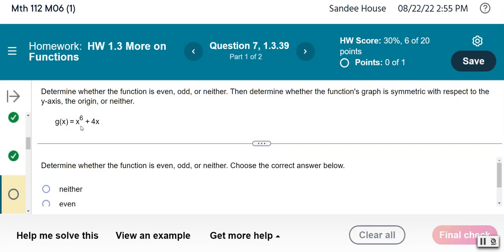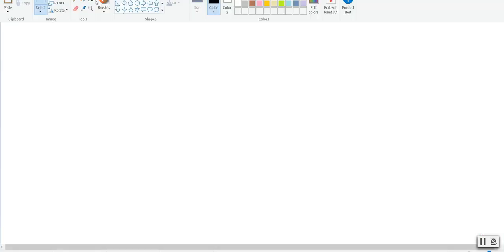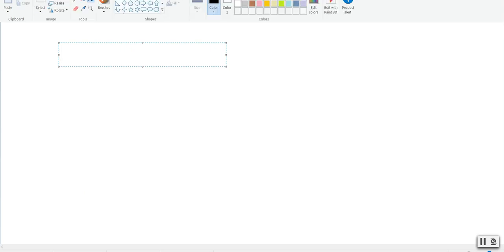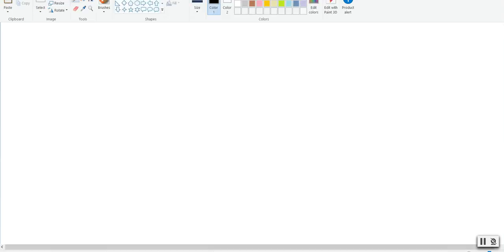Okay, now we have x to the 6 plus 4x. So my function is f of x equals x to the 6 plus 4x.